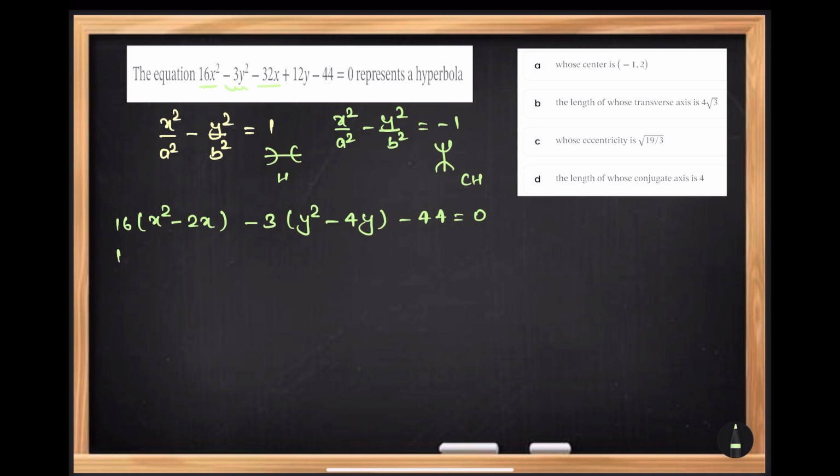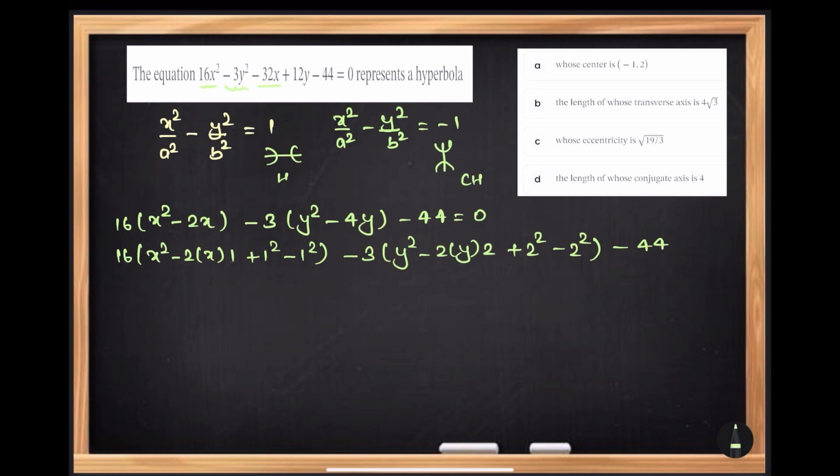It is a square minus 2ab, so we should add b square, and if you add b square, you have to remove b square. Similarly for y, a square minus 2ab with b as 2 so that we have 4y. So we should add 2 square, and if we add, we have to remove.